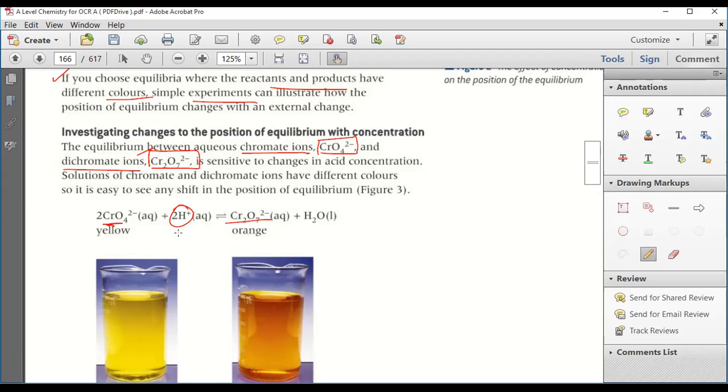The change is from yellow to orange. If yellow goes to orange, it means a forward reaction, shifted towards the right-hand side. If orange goes to yellow, it means it is a backward reaction.